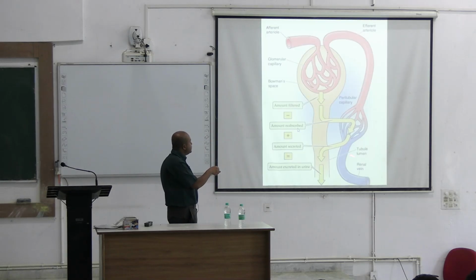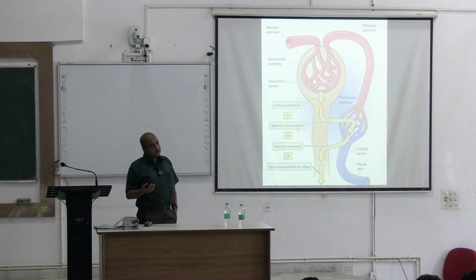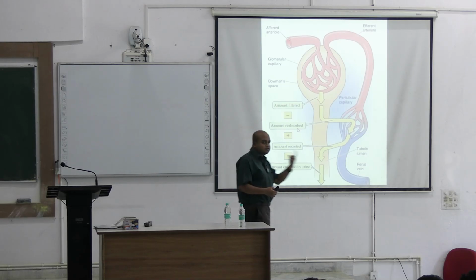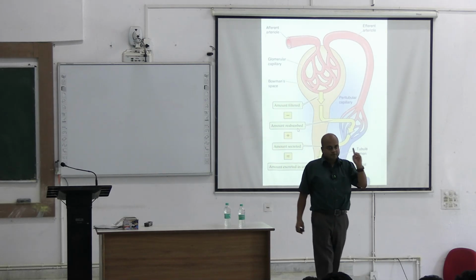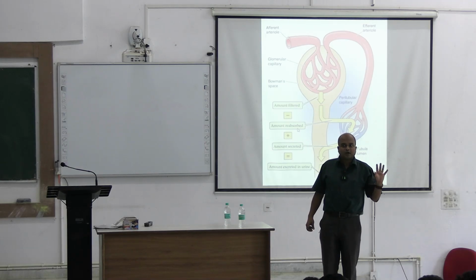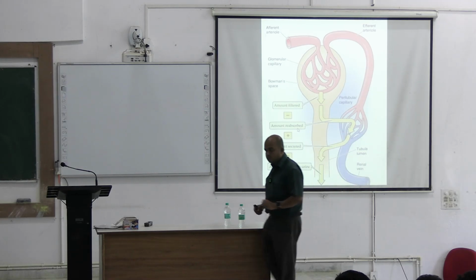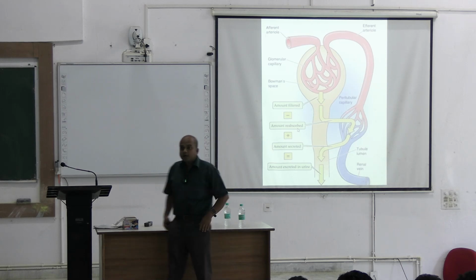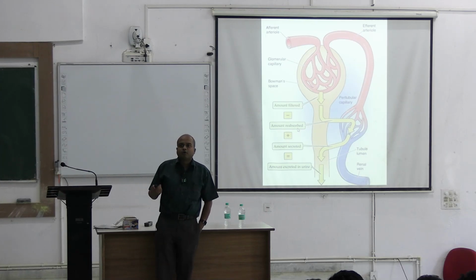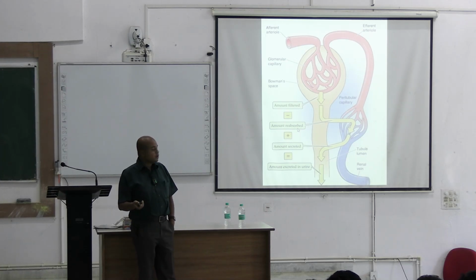Juxtaglomerular apparatus we have already discussed. The basic processes: the amount filtered, and most substances will be reabsorbed. Filtered minus whatever is reabsorbed is taken back through the tubules into the blood, into the peritubular capillaries, which in the case of the juxtaglomerular nephrons are called vasa recta.